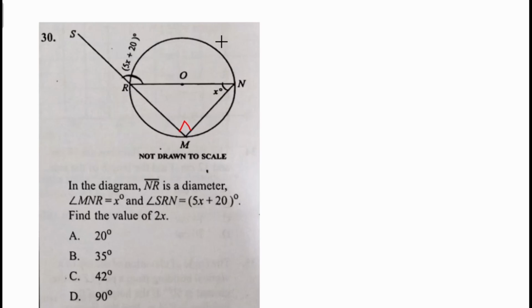So 90 degrees plus x plus this angle should give us 180 degrees, which is the sum of interior angles of a triangle. And the angle NRM will be 180 degrees minus (5x plus 20). So let me write everything I've said so far.